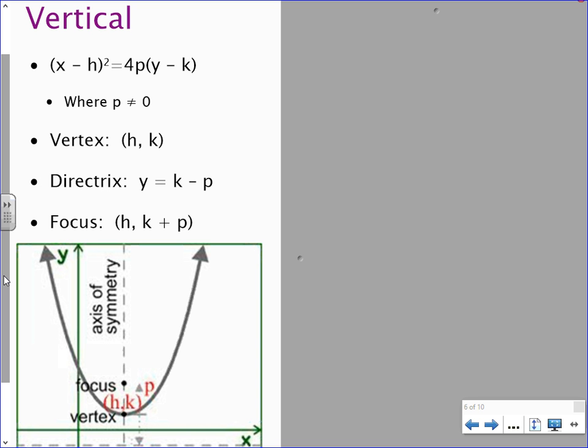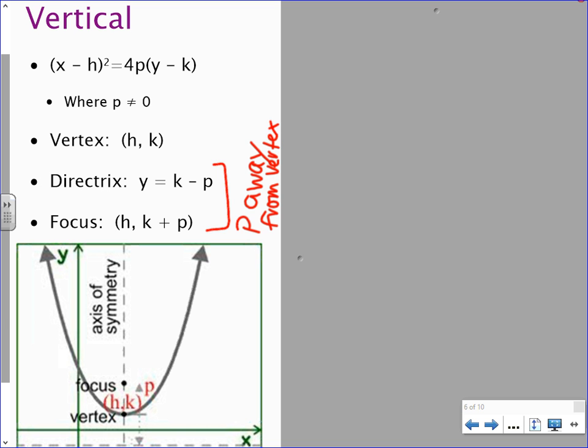I know that I have these two formulas here for the directrix and the focus. I don't want you to remember k plus p and k minus p. That's not what I want you to remember. I want you to understand what a parabola looks like, what the directrix would look like if we graphed it, where the focus would be if we graphed it, and what I want you to remember is that the directrix and focus will be p away from the vertex.